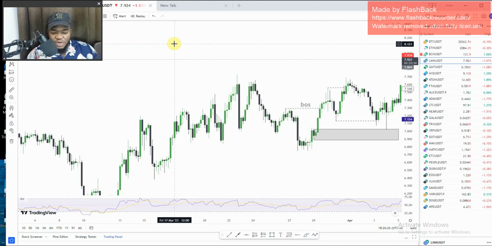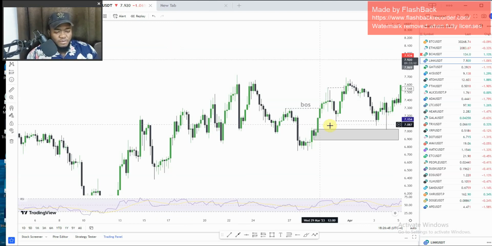That is number one. Then the number two rule is to make sure that the order block is at an FVG, that is a fair value gap, or at an imbalance.